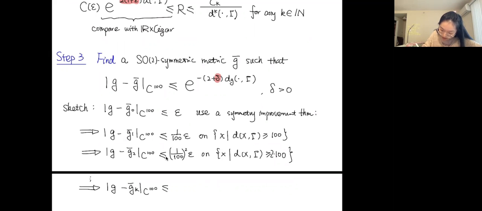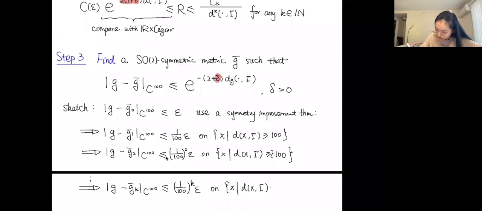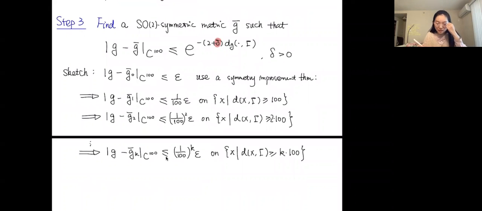So after k steps, we'll be able to find Gk bar, which is O(2) symmetric, and it achieves this approximation on this region. And so you see here there's an exponential decay of the error away from gamma.